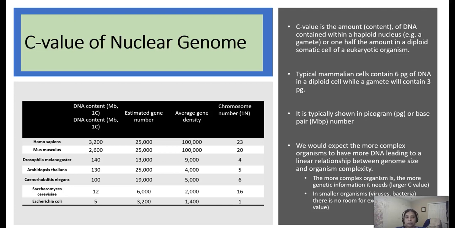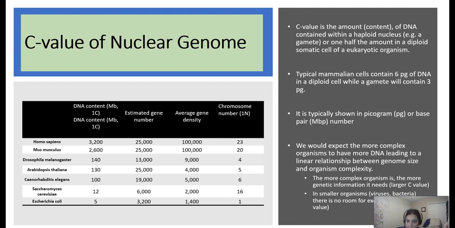So one of the things that we use with the genome is to calculate the C value of our nuclear genome. C value is nothing more than just the simple amount or content of DNA contained within a haploid nucleus, for example, a sperm or an egg, a gamete, or basically 1/2 the amount of a diploid somatic cell in a eukaryotic organism.